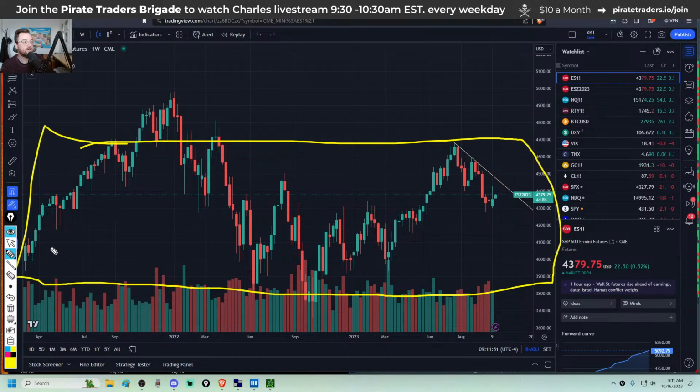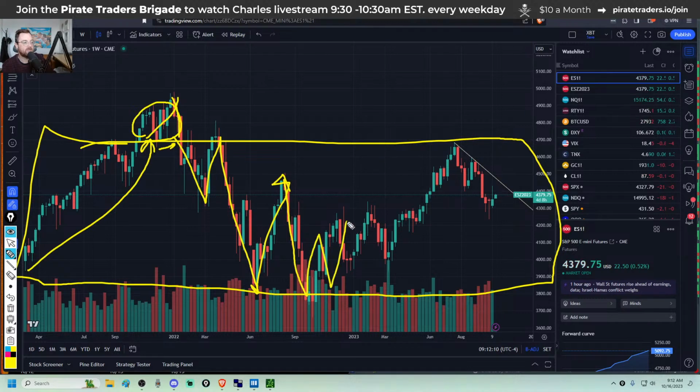Right here, the market pushed from one end of balance to the other. It tried to break above. It could not break out. It came back in, back tested, and boom, opposite end, right? Tried to go back up, couldn't make it. Sideways, sideways, all the way back up. Oh, test it, and now we're reversed back in.